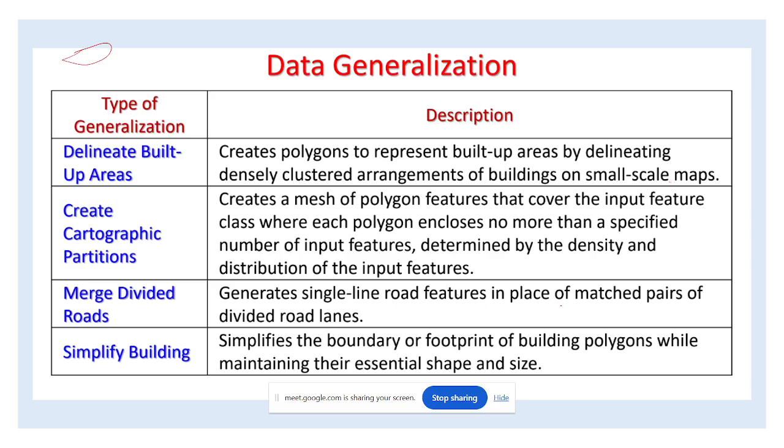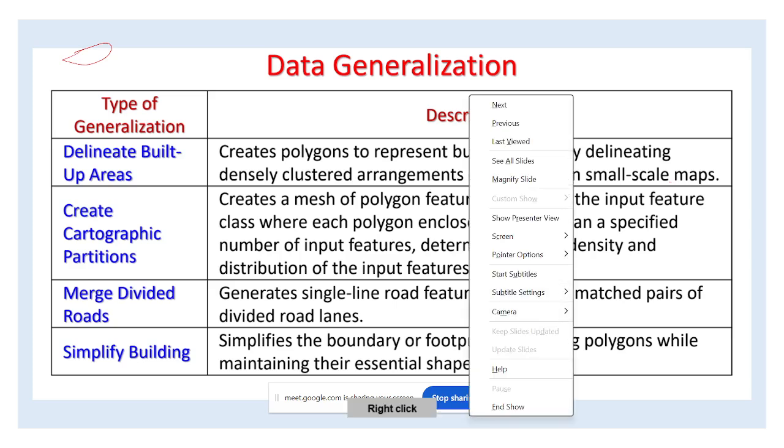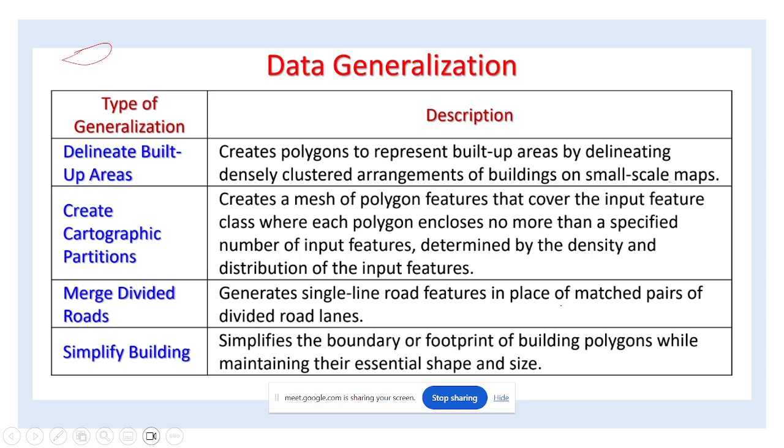Then simplify building simplifies the boundary or footprints of building polygons while maintaining their essential shape and size. I have personally done this in another software, not actually ArcGIS, but we had done this in image classification.